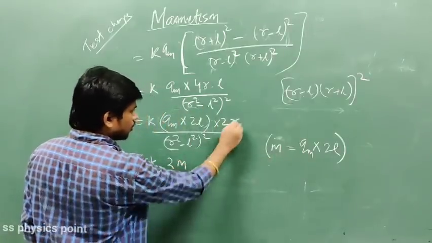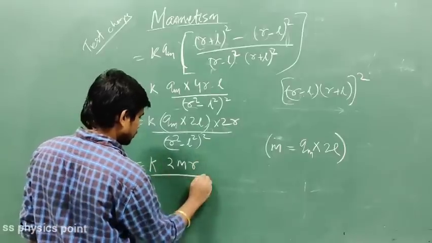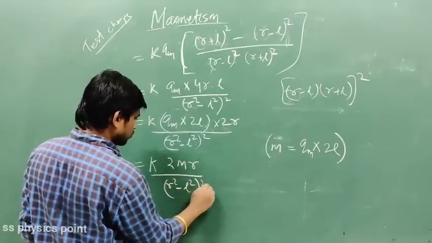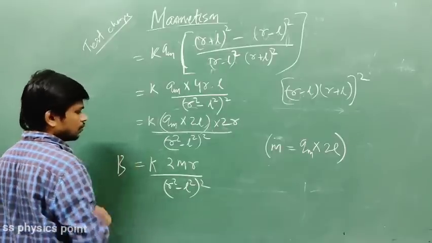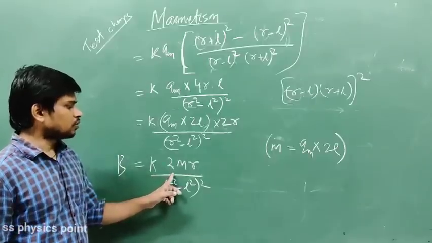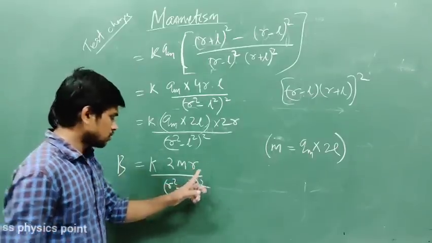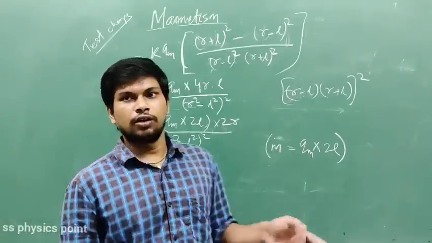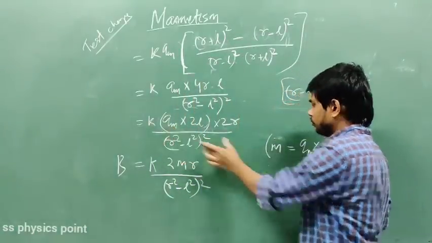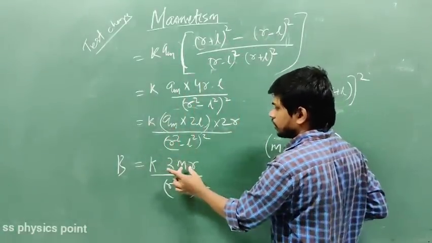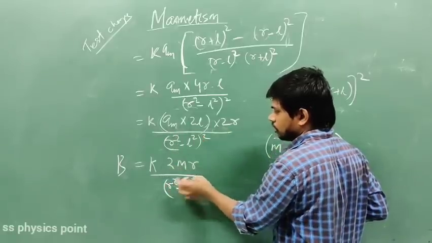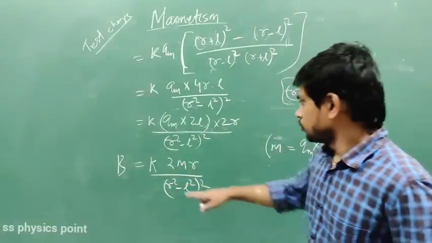So m into r divided by r square minus l square whole square. This will be the net magnetic field: k into 2mr over r square minus l square whole square. Because here q into 2l is m, so m comes below, 2r, this 2 goes to the front, 2mr. This is simple mathematics.